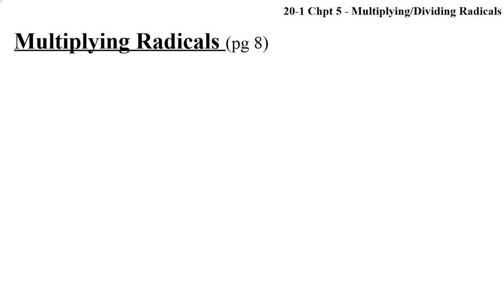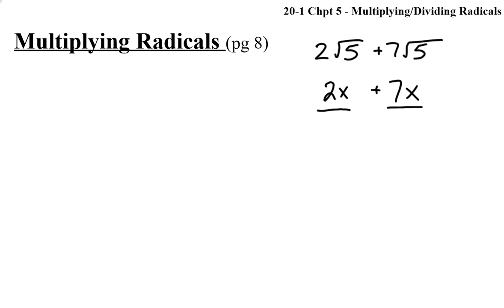Not real complicated with multiplying radicals and dividing radicals, which is what we're going to do today. But it's important that you understand how the process works. So very quickly, if we look back to what we talked about yesterday, 2 root 5 plus 7 root 5. I drew the comparison that this is kind of like working with polynomials. 2x and 7x go together because they're like terms.